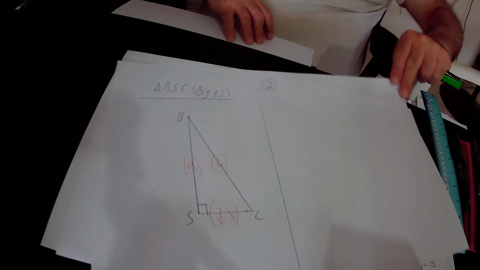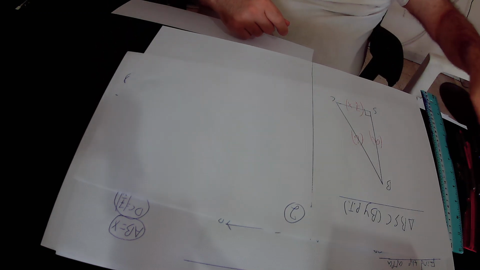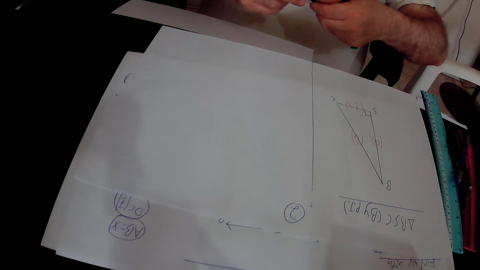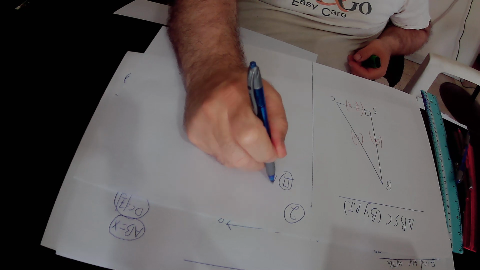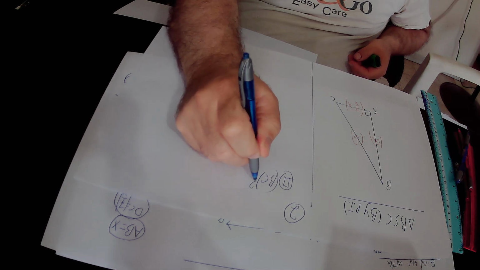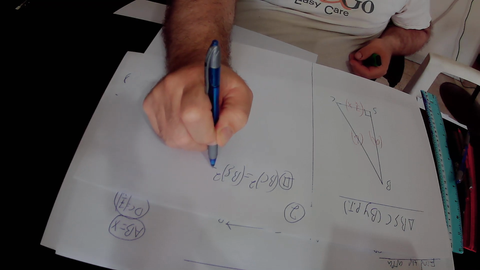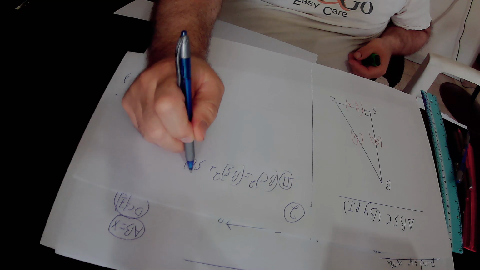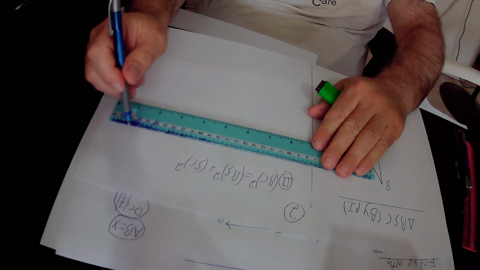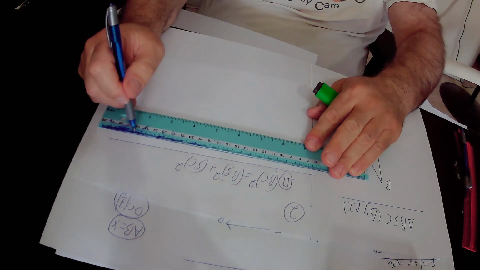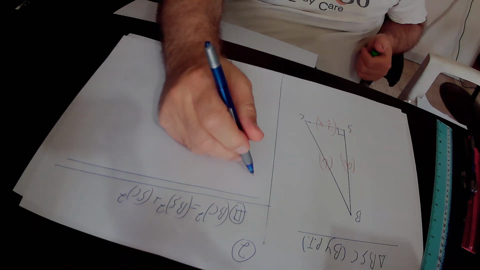So I write it down: BC square equals BS square plus SC square. This is equation 2.